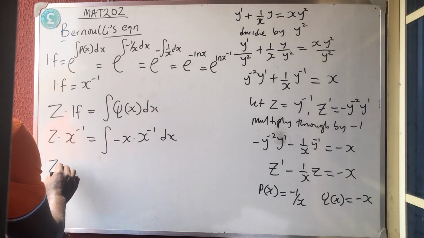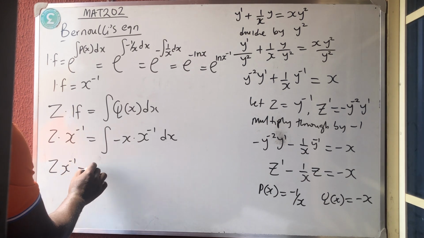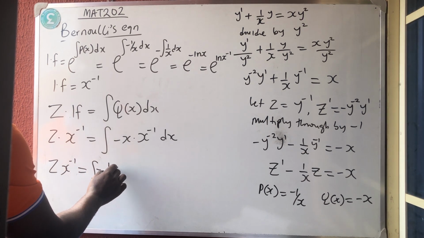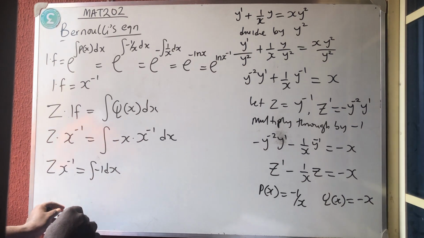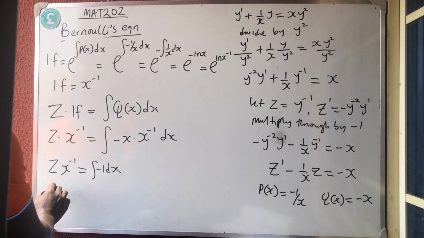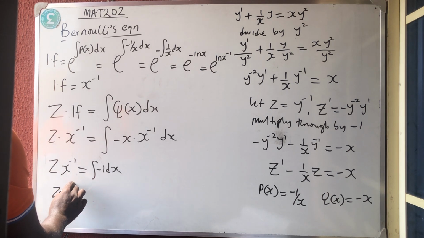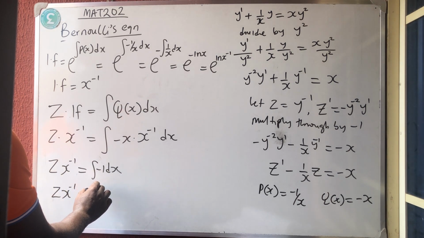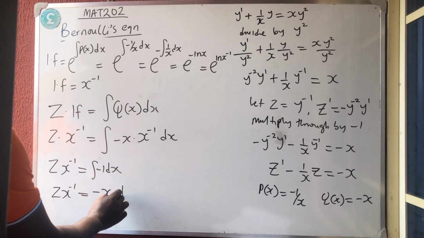So I'm having z x raised to power minus 1 is equal to the integral of minus 1 dx, because this will cancel this to be x raised to power 0, and x raised to power 0 is 1. So z x raised to power minus 1 is equal to minus x plus a constant.